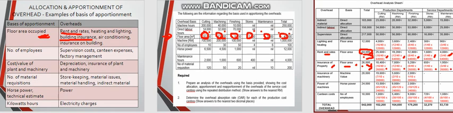Now we move on to the insurance of machinery. Have a look, insurance of plant and machinery. What is the best basis to calculate it? It is based on the value or cost of the machine. Can we have a look at the question? Is there any value of the machine? Here we have the machine values in RM, which are 700,000, 200,000, 100,000. This one we don't have, and the total is 1 million.